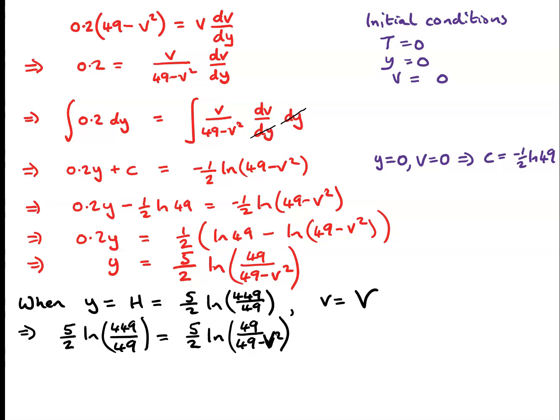So I've got the equation 5 over 2 times the logarithm of 449 over 49 is 5 over 2 times the logarithm of 49 over 49 minus capital V squared, where capital V is the speed that the rocket hits the ground at.